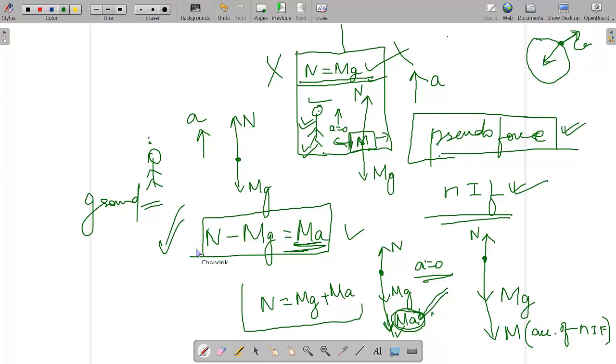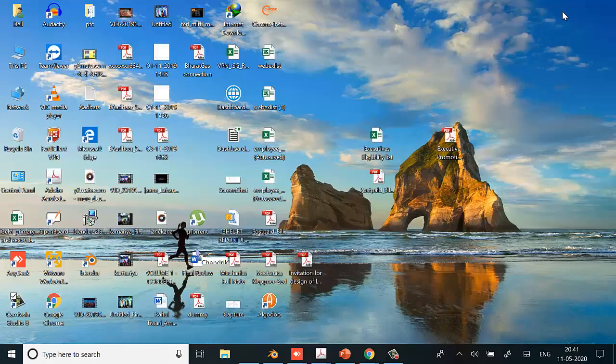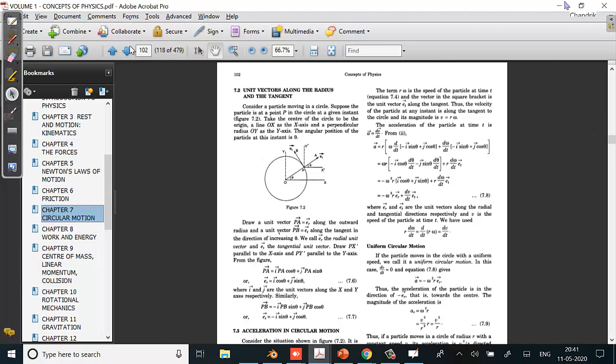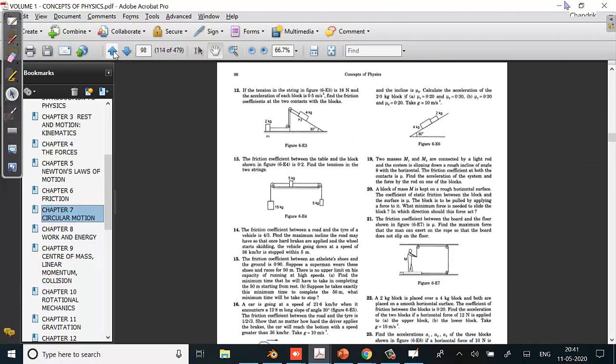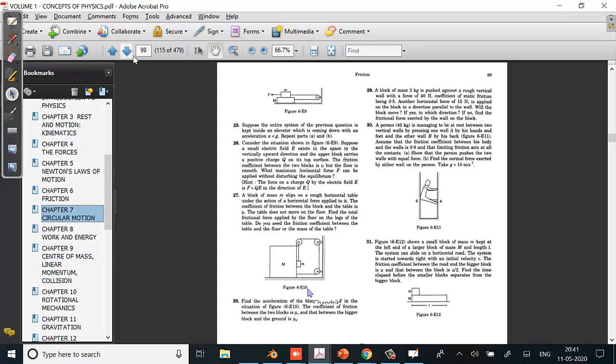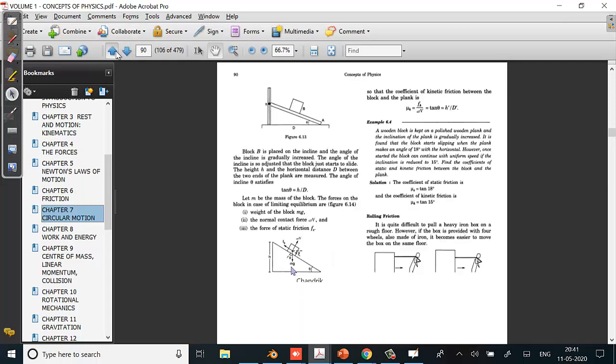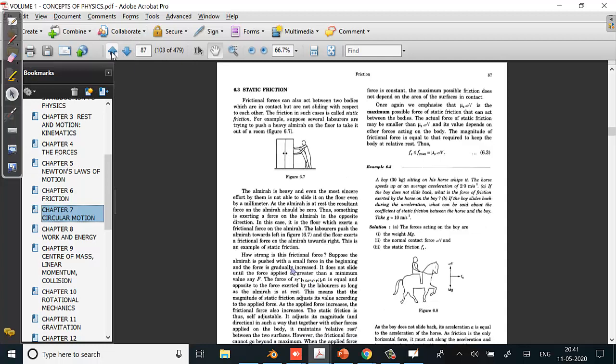So this is what is called the pseudo force. When we are trying to use Newton's laws in the non-inertial frame, then we have to apply this pseudo force on the body.